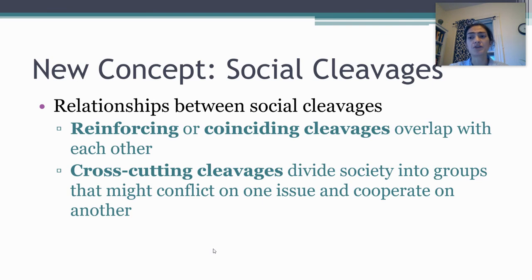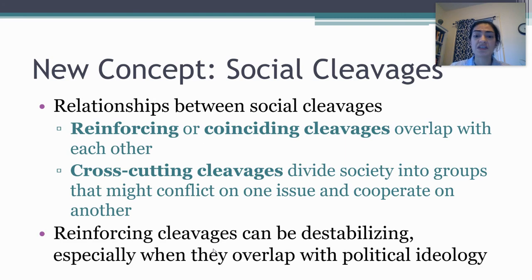Cross-cutting cleavages tend to stabilize a society because they give people more in common with members of different groups, whereas reinforcing cleavages tend to destabilize a state or a regime or the concept of a nation because they make certain groups of people feel as if they have nothing in common with large other groups of citizens of that same state. So reinforcing cleavages can be a huge source of instability and a huge challenge for any political regime to confront.